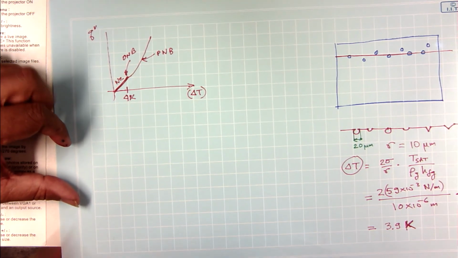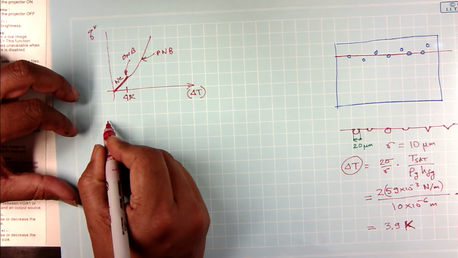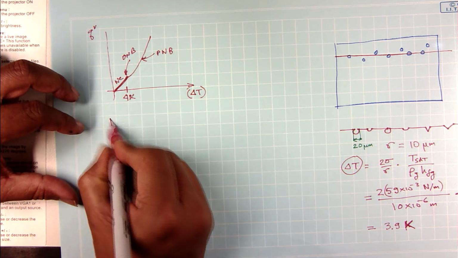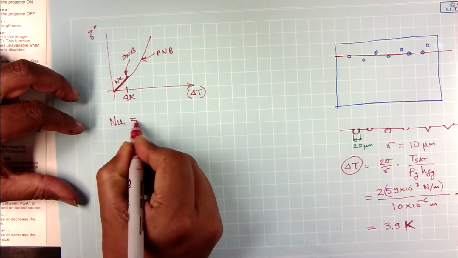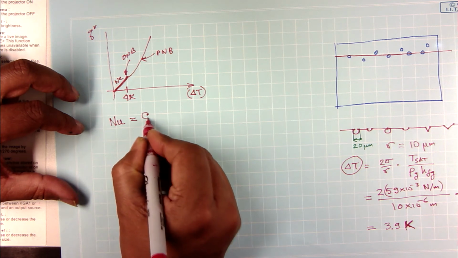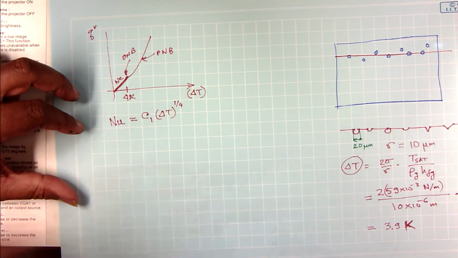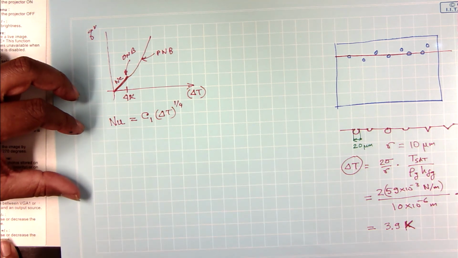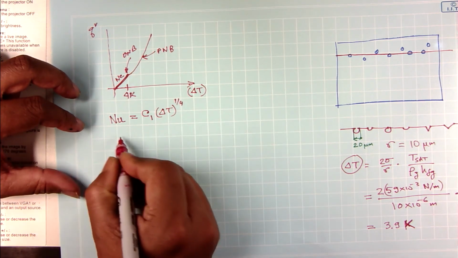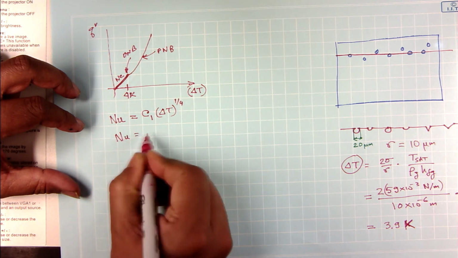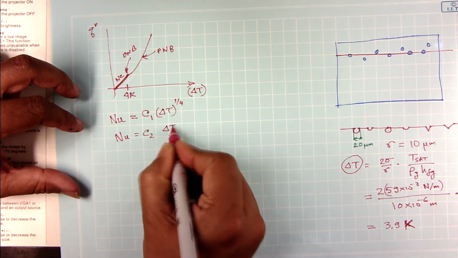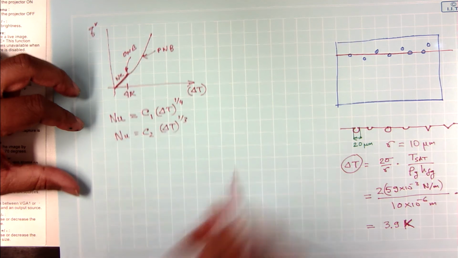Okay. So, if I am in laminar flow, then it is C1 times delta T to the power of 1 by 4, right. And if it is turbulent, then it is some other constant C2 times delta T to the power of 1 by 3.